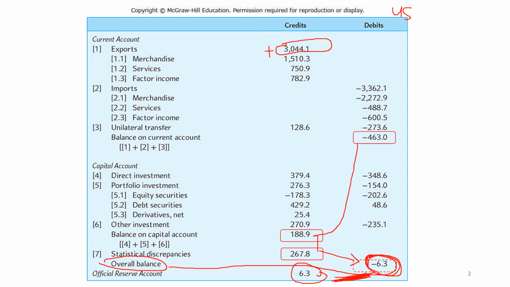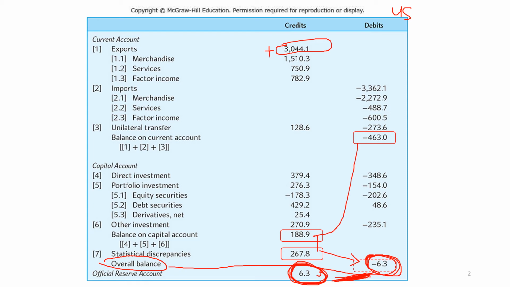So in other words, if the overall balance is a negative number, that means there is a cash outflow outside of the country. So what the government needs to do is ensure that there is a counter cash inflow, right? So in this case, how can they do that?